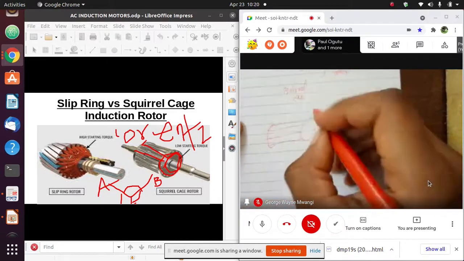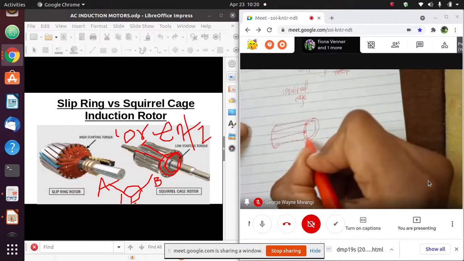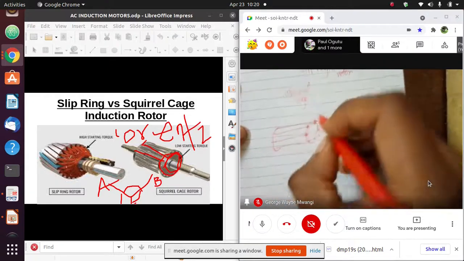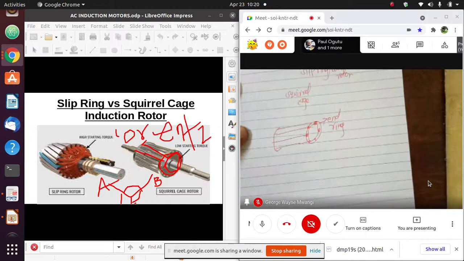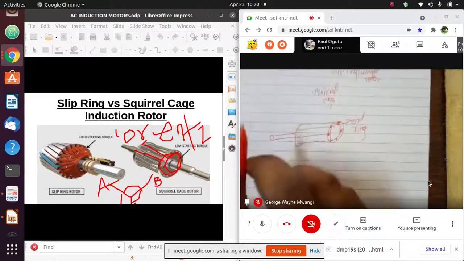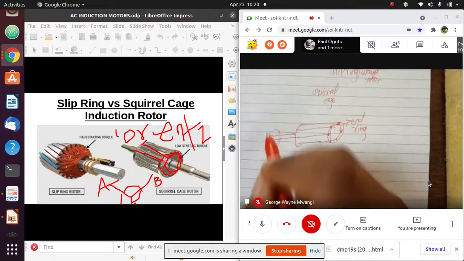Now these copper bars are usually shorted. What do I mean by shorted? They are connected to each other by something known as an end ring. Then we have the shaft, which provides mechanical power output.